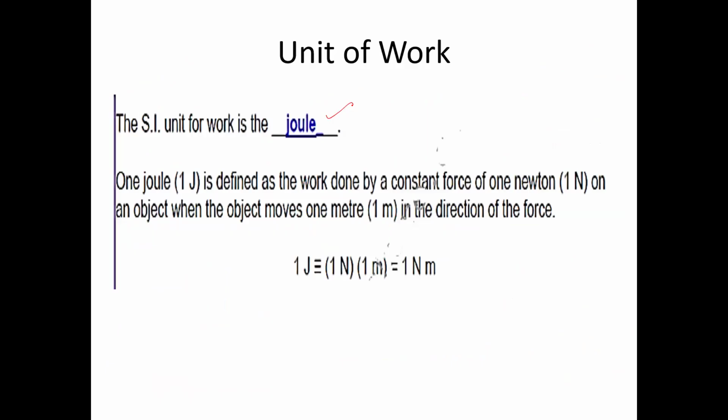And if in an exam you are asked to define 1 joule of work, how are we going to define it? 1 joule of work can be defined as: if a constant force of 1 Newton is applied on an object and it moves a distance of 1 meter in the direction of force, then the work done will be 1 joule. तो आप इसके फॉर्मूला से भी देख सकते हैं वर्क डन हमारे पास क्या होता है, फोर्स इंटू डिस्टेंस होता है। फोर्स भी 1 न्यूटन की लग जाए और डिस्टेंस भी 1 मीटर का कवर हो इन द डायरेक्शन ऑफ फोर्स, then our work done will be equal to 1 joule.